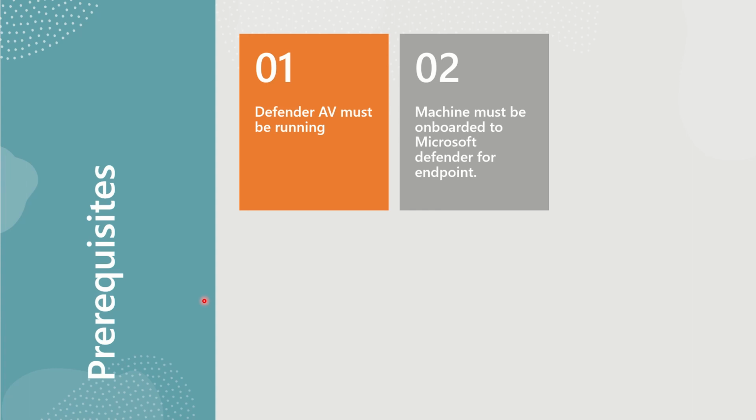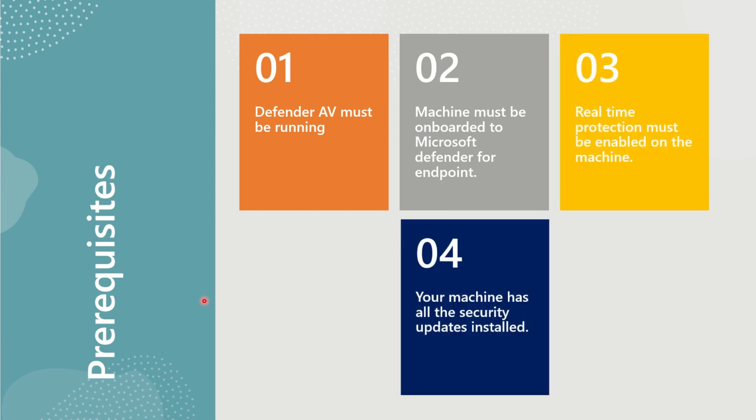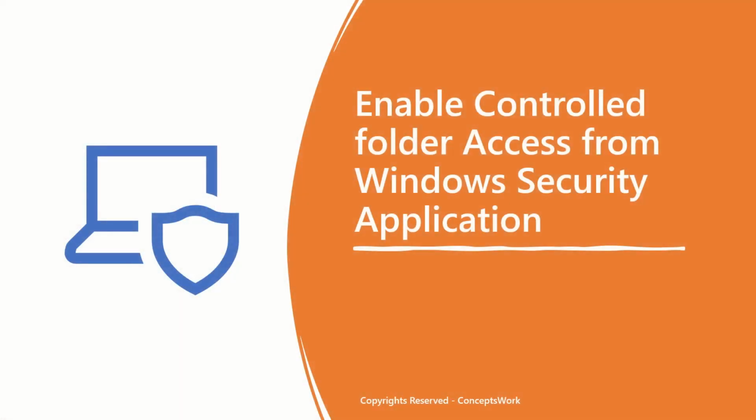Otherwise, you can go ahead and check data on Event Viewer as well. The next one is real-time protection must be enabled. And the fourth one is very common, and that is your machine should have all the security updates installed by default. Now let's begin by understanding how we can enable this feature with the help of Windows Security Application.